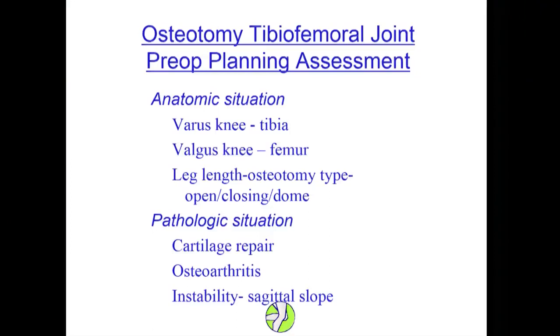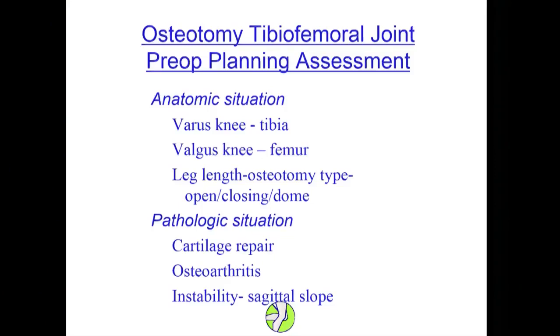So if somebody has a valgus knee and a short leg, I'll probably use an opening wedge osteotomy. If they have a valgus knee and a long leg, I'll do a closing wedge. If it's a really severe deformity, 15 to 30 degrees, I'll use a supracondylar reverse dome osteotomy, which is a really powerful osteotomy.